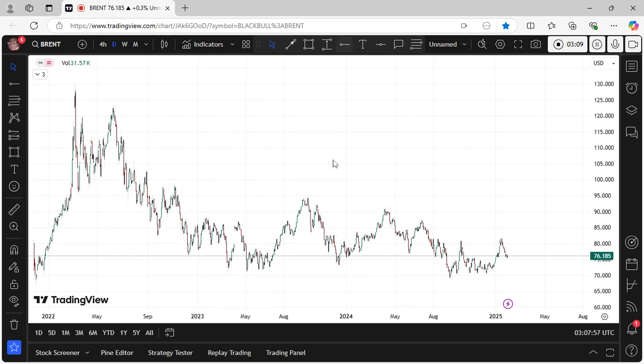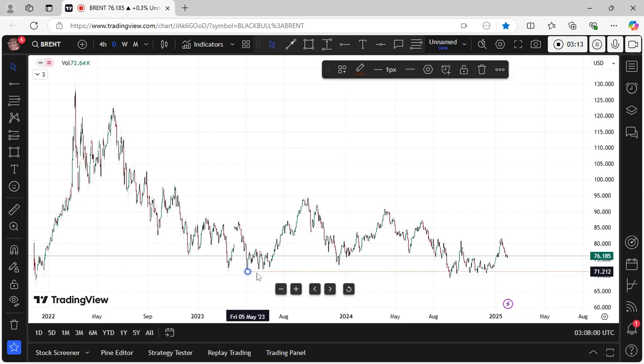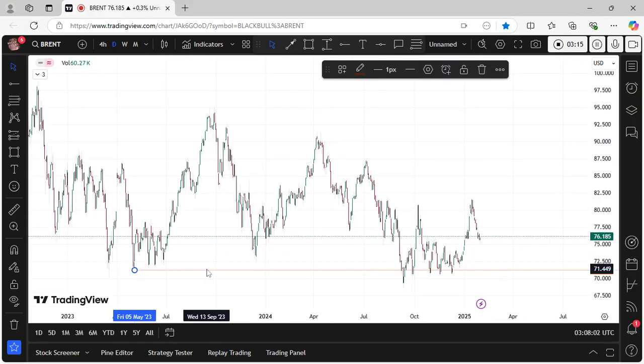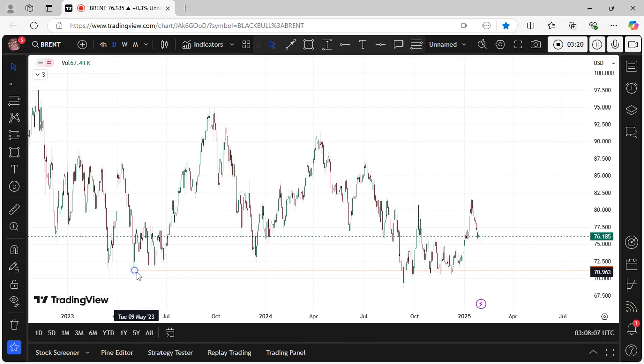So I'm going to use my horizontal line to do this now. Price came to this low. Now see what is happening here. After this low, it came and toggled at this zone, after which it came here and formed another high.